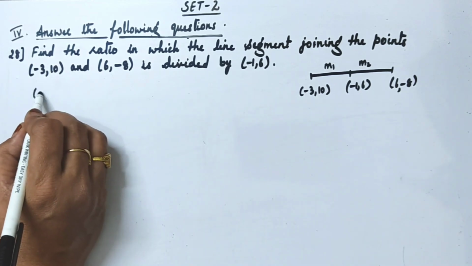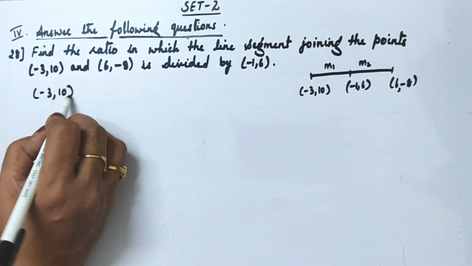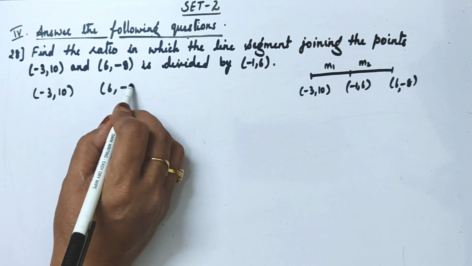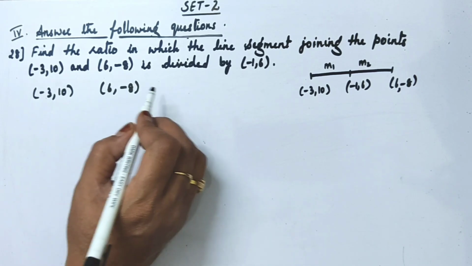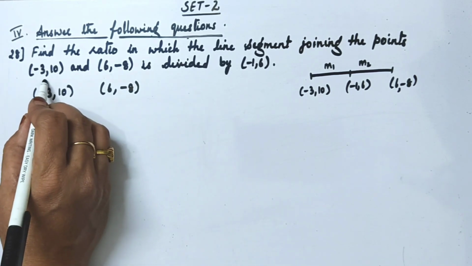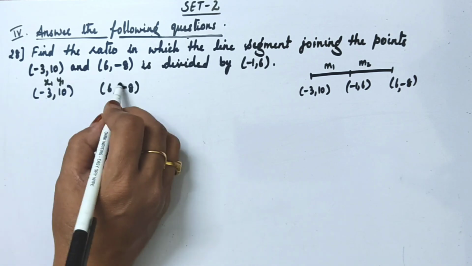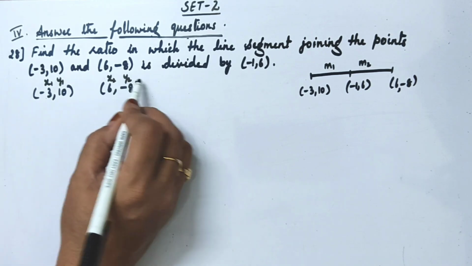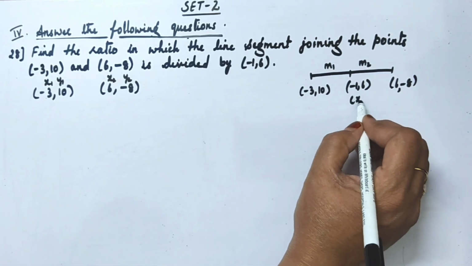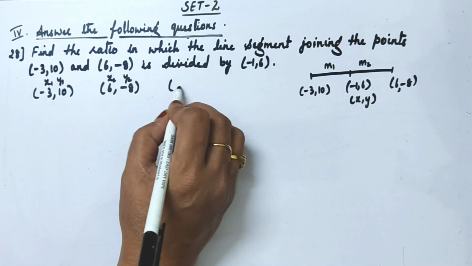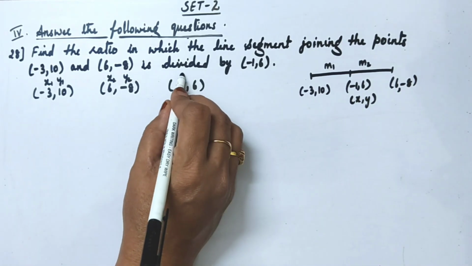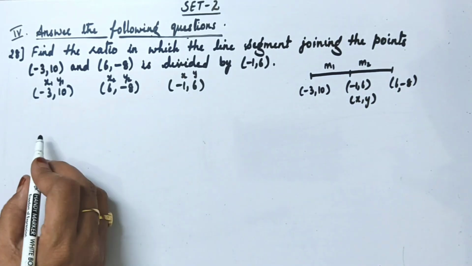Now the points are given, minus 3, 10 and 6, minus 8 are the line segment. Let me write, this is x1 y1, this is x2 y2, divided by this point x comma y. Minus 1 comma 6 is nothing but x y.